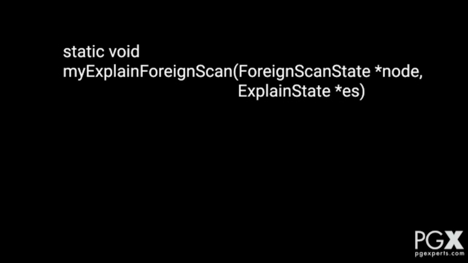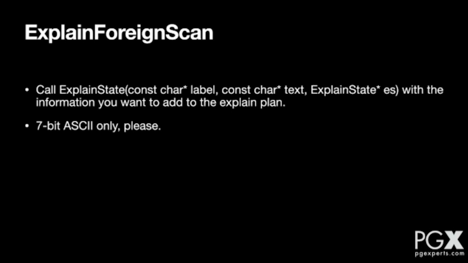Basically it passes in the scan state and an explain state. You just call explain state with the information you want to add to the explain plan. And by the way, in case you're using fancy Unicode, it's a good idea to stick to 7-bit ASCII. It's not clear how different encodings would work in this circumstance.